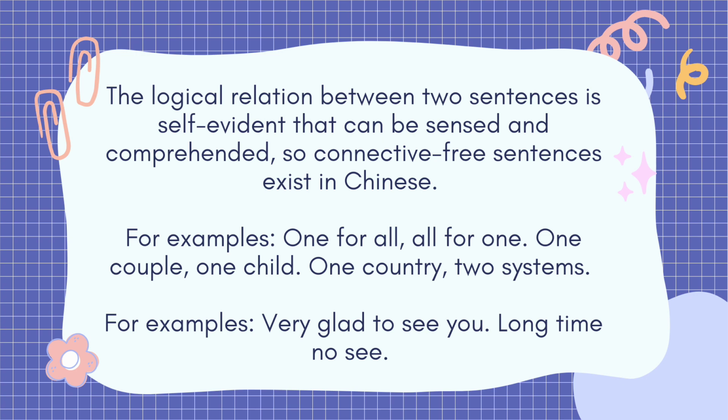Sometimes, even the subject can be omitted in China English, which makes the sentence more direct and concise. Another example is, very glad to see you, long time no see. Sentences as listed above without subject are quite typical in China English.